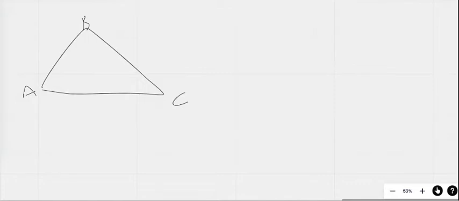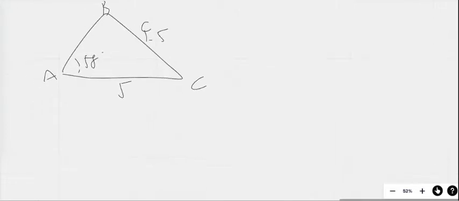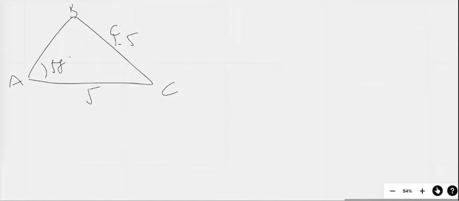So now let's work on another practice problem. In triangle ABC, we know that angle A is 58 degrees, side A is 4.5, and side B is 5. So with the law of sines we just learned, sine of 58 over 4.5 is equal to sine of B over 5.